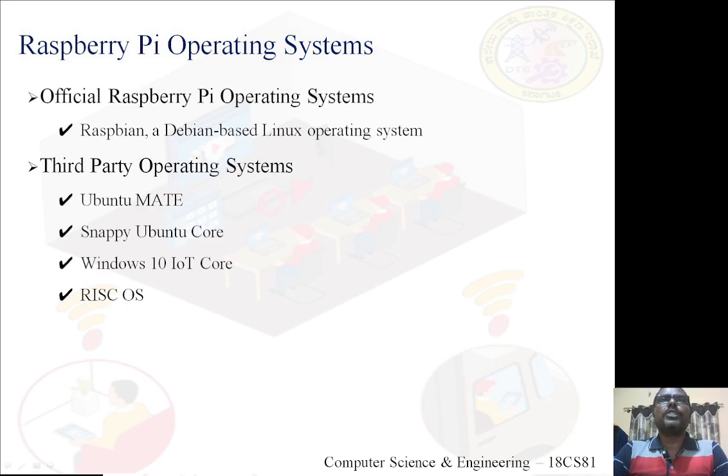Apart from this, Raspberry Pi computer also supports third-party operating systems. They are Ubuntu Mate, Snappy Ubuntu Core, Windows 10 IoT Core, RISC OS, and even more.